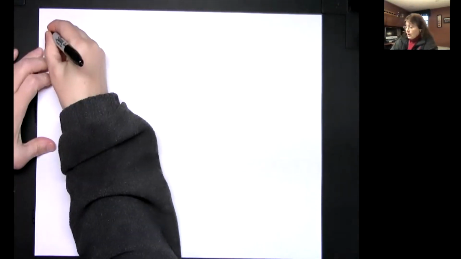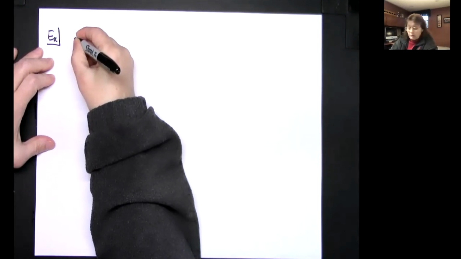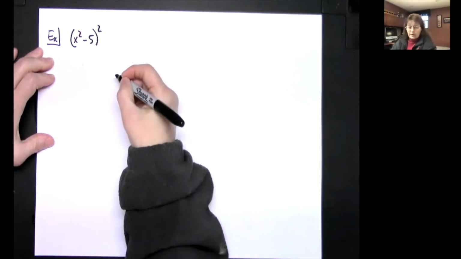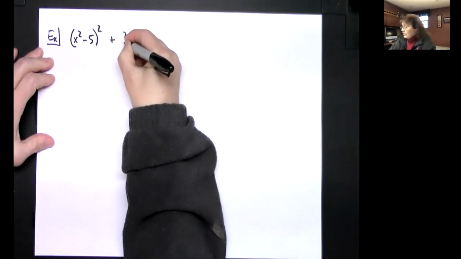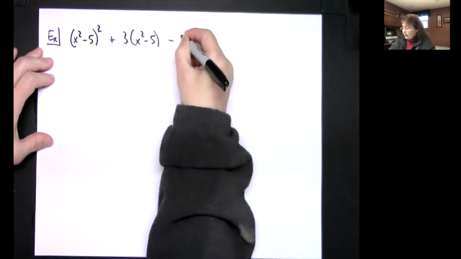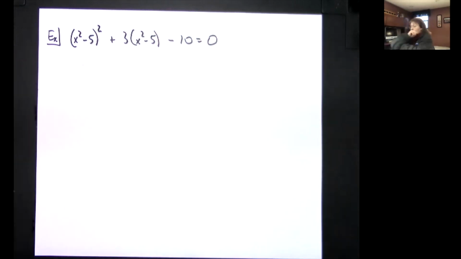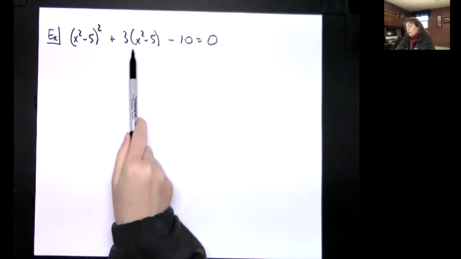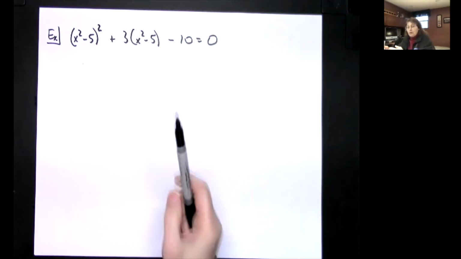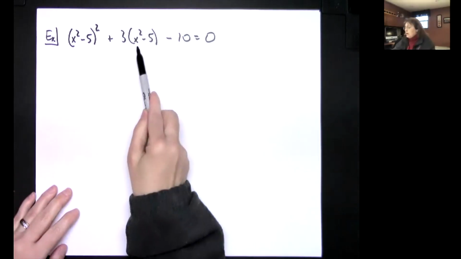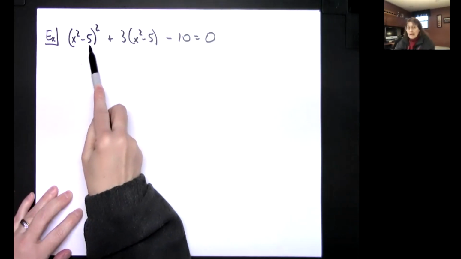So it's very possible you're going to see something that looks like x squared minus 5, that whole quantity squared, plus 3 times x squared minus 5, and then a minus 10. Obviously, hopefully you're seeing this is a binomial squared. This is 3 times the same binomial. So this one is a straightforward one. They're not trying to do anything tricky about it, but this is a binomial instead of a plain x.